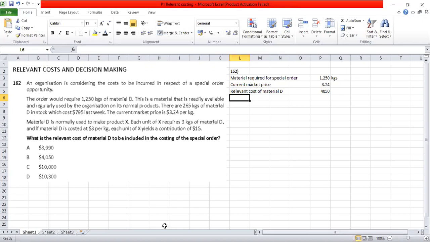The question which you have asked is also the correct one, but the question is not asking us to find out the cost of the inventory used for the special order. We didn't come to that level. It is a very basic question. Between the two sets of information, which one is relevant for decision making? So 1250 at 3.24 is relevant.